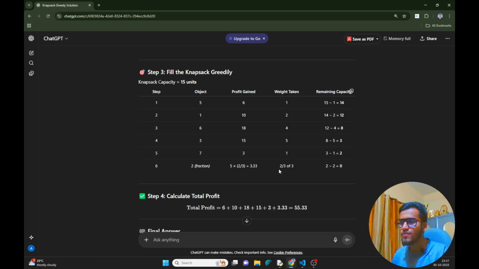So you want to calculate the value of 2 divided by 3. Your profit that you are gaining will be this much, 3.33. You just divide into it, and the fractional part there is for the object you do not require.